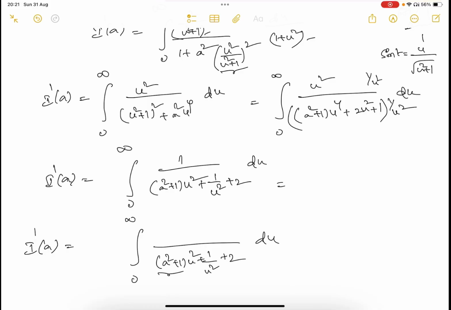Because there is a square plus 1, to write it in a certain form, I mean the derivative of a square plus 1 terms. So let's add root of a square plus 1 into root of a square plus 1. This will be 2 times of a square plus 1, right? So let's divide it with 2 times of a square plus 1. Fine. Then add 1 by u square and subtract 1 by u square.